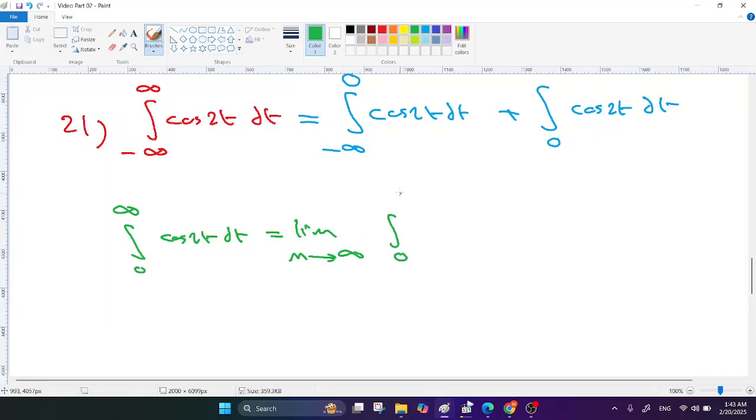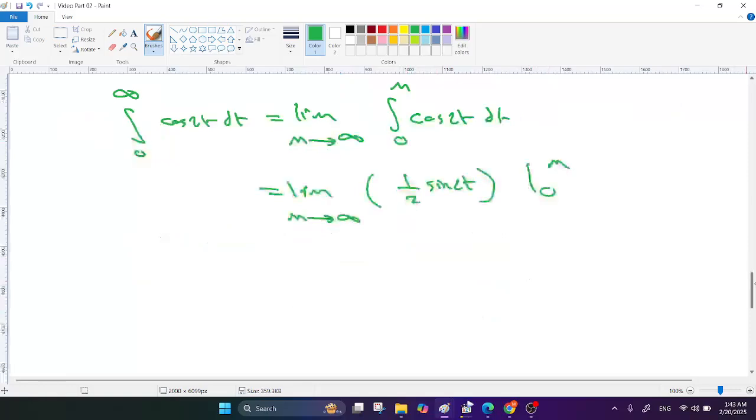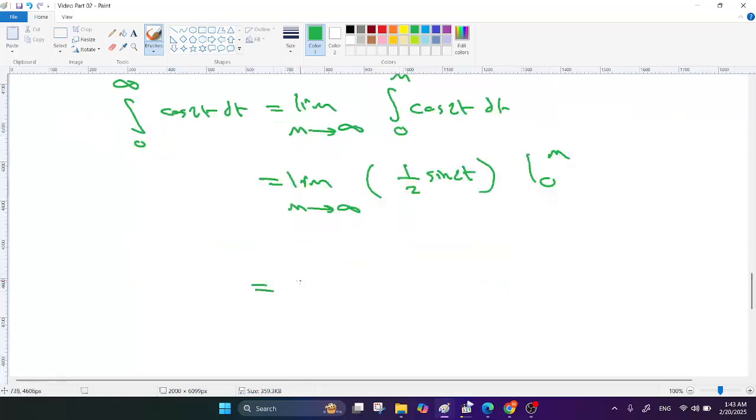The integral from 0 to m of cosine 2t dt. My name is Mahmoud, so it's good to use m. This equals the limit as m goes to infinity of 1 over 2 sine 2t from 0 to m, which equals the limit as m approaches infinity of half sine 2m minus 0, because sine 0 is 0.